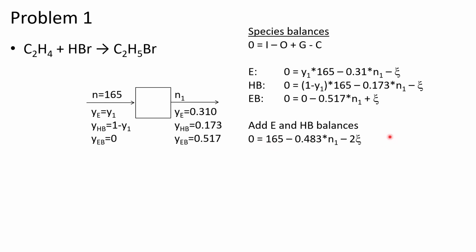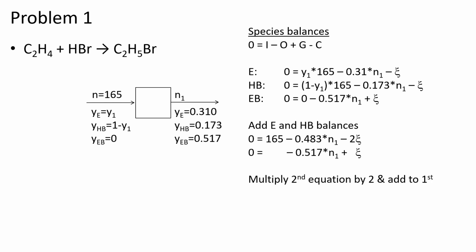Okay, so what we're going to do next is combine the ethyl bromide balance with this sum of the other two balances, and see if we can solve those two equations together. The ethyl bromide balance has been written down here in a way that will facilitate solving these two equations simultaneously.